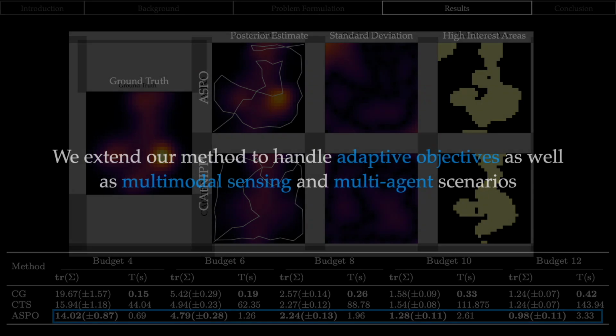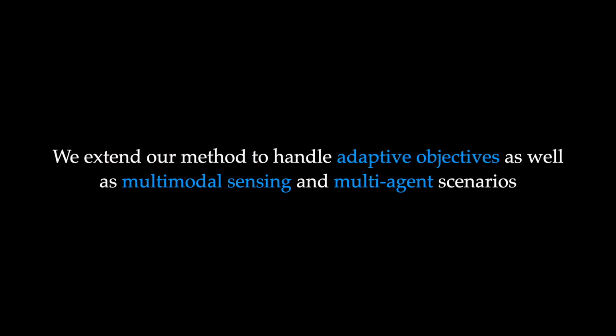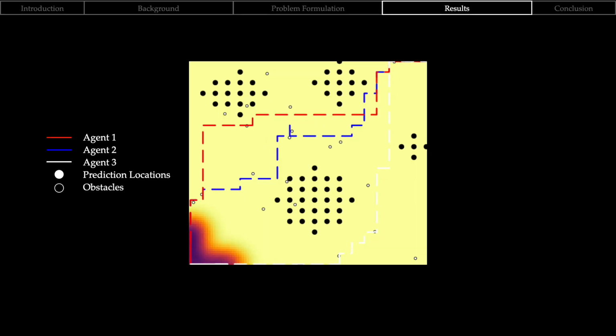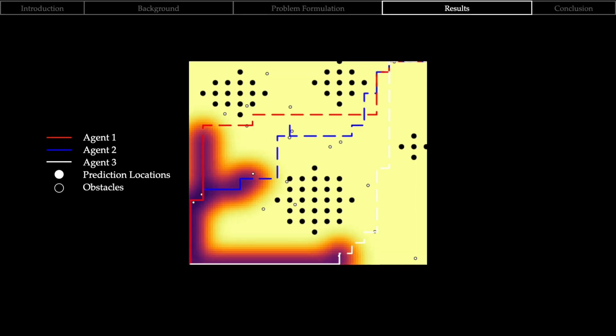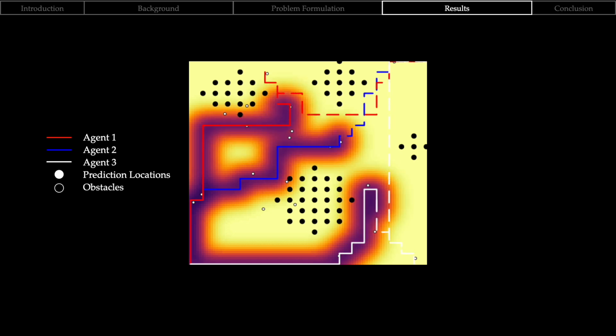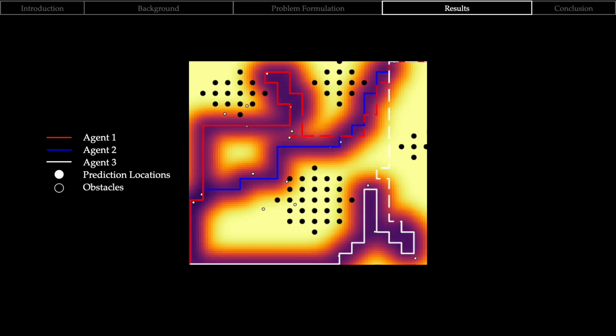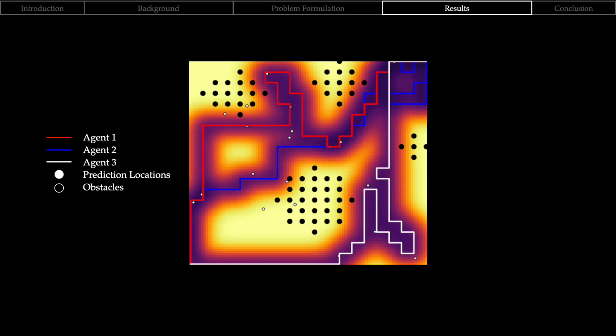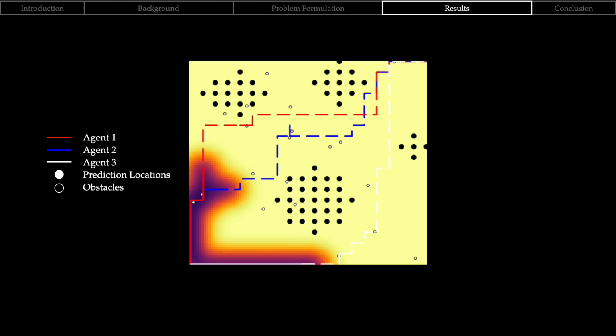And so we also extended our method to handle adaptive objectives that we've just looked at, as well as multimodal sensing and multi-agent scenarios. So this is one example of a multi-agent setup, which is a relatively simple setup here, but we're showing that we can handle obstacles in the environment. How this is working is that we have these three agents, and they're assuming full communication between the three agents.